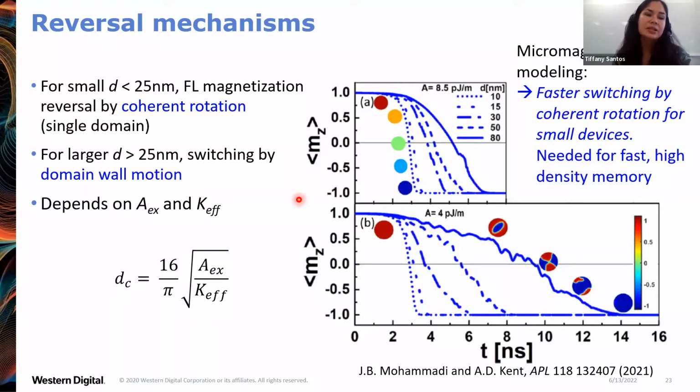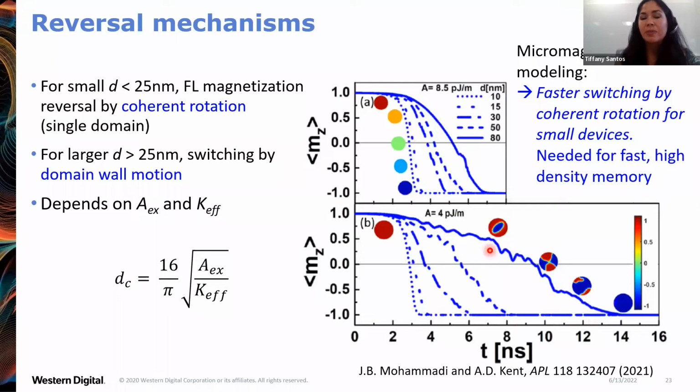For bit sizes that are larger, 25 nanometers or above, the reversal happens by domain wall nucleation and propagation. And that is shown in this simulation here. This blue domain is nucleating in the center and then propagates outward until you get complete flipping of the free layer, the blue here. You can see that this x-axis here is time, that's a longer process.